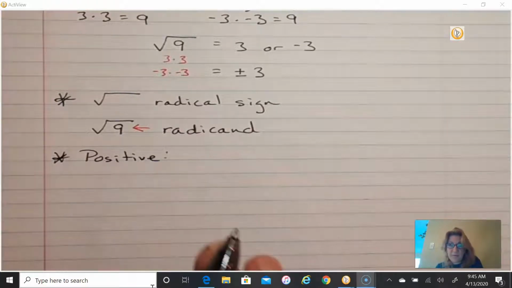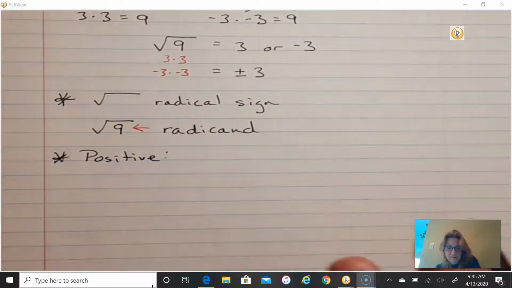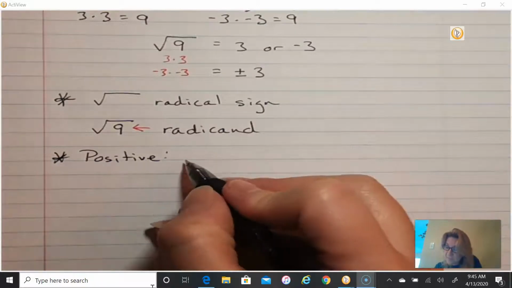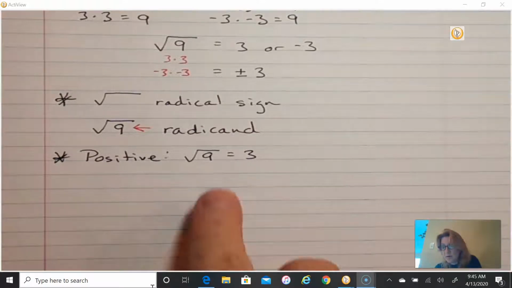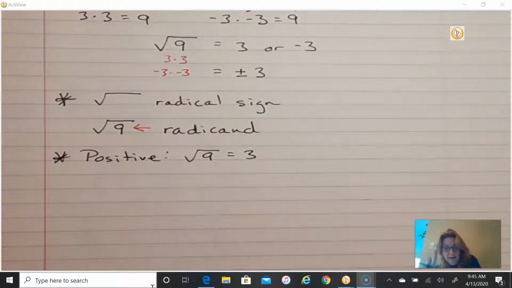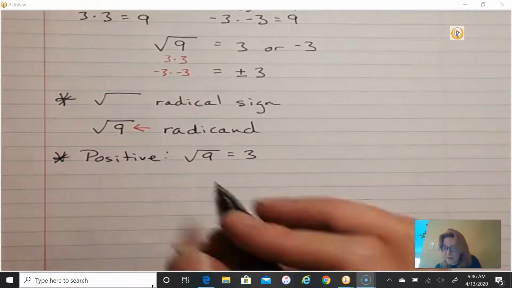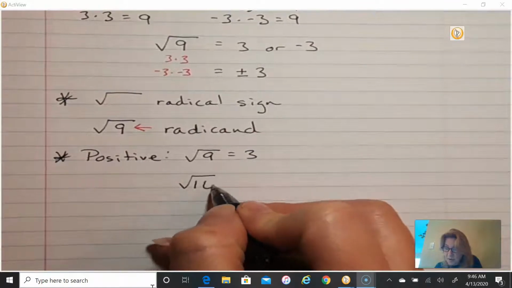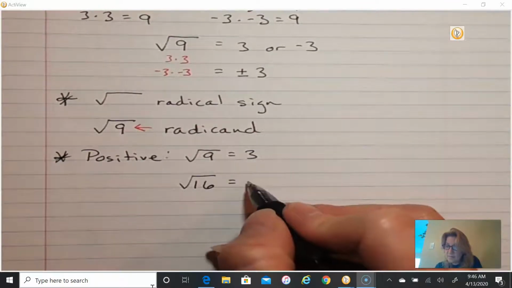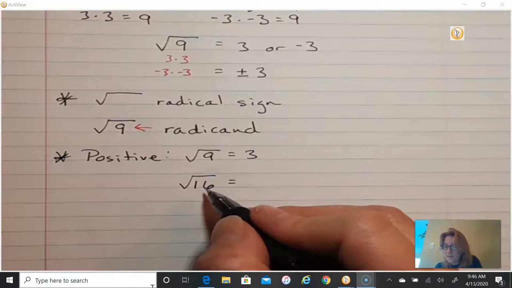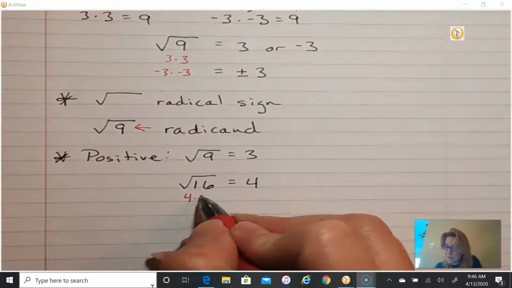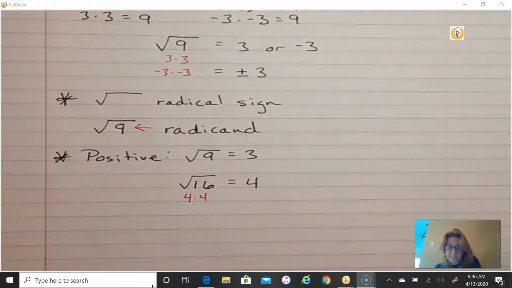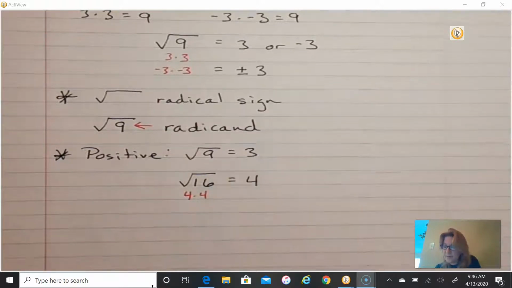For example, if you have a positive radicand, looks like this. Square root of 9 is 3. Okay, we're just dealing with positives right now. Square root of 16, what times itself gives you 16? 4. That's basically saying 4 times 4, right? Okay, that's for the positive.